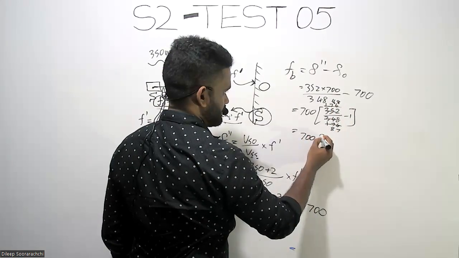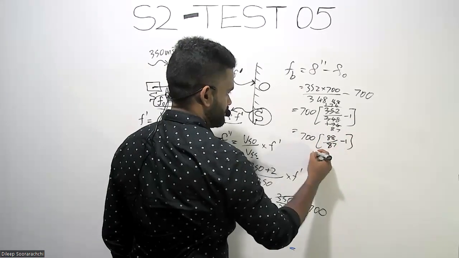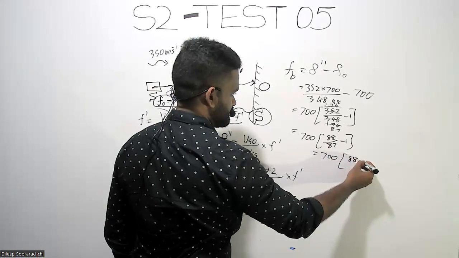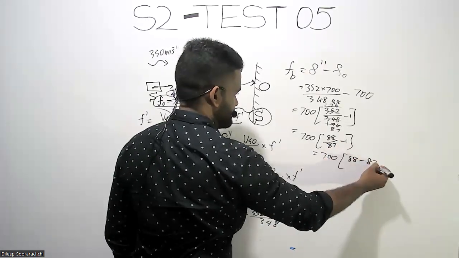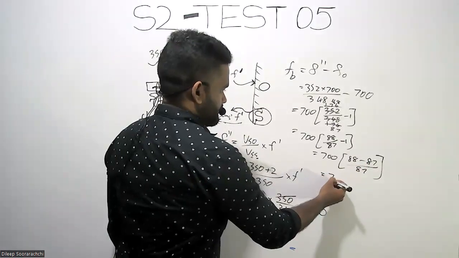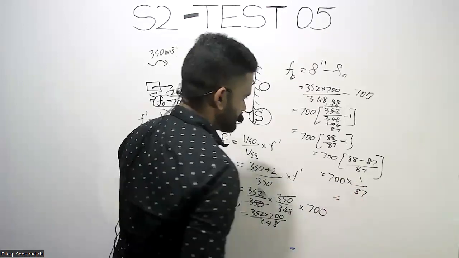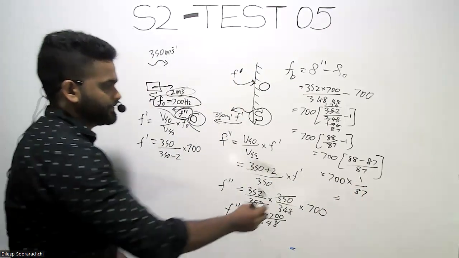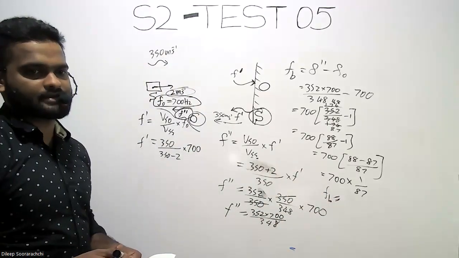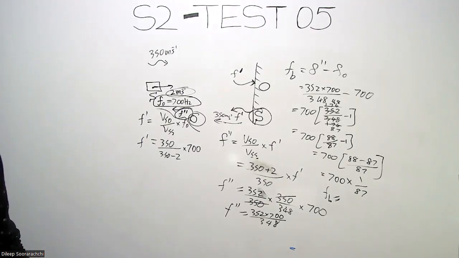So 1 over 87 minus 1, get the common denominator, 87 divided by 87. So 700 times 1 divided by 87. So the beat frequency should be 700 divided by 87. 700 divided by 87.